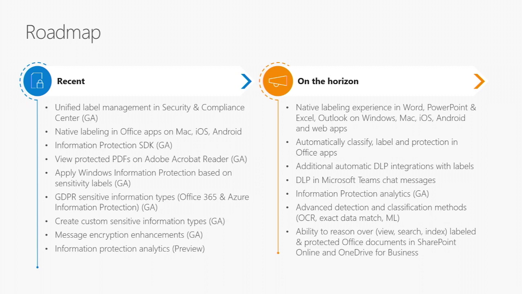We're going to support SharePoint and OneDrive. Currently, SharePoint, OneDrive, and Exchange Online are the Office 365 services which do not support labeling at the moment. There is work in progress. Exchange Online is about to support labeling very, very soon, then we'll have information protection available for SharePoint and OneDrive right after.